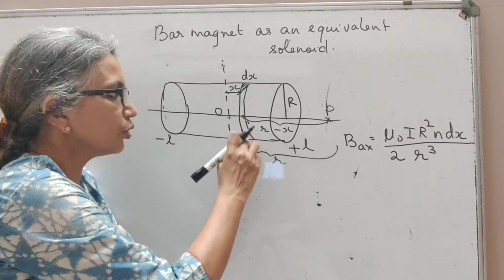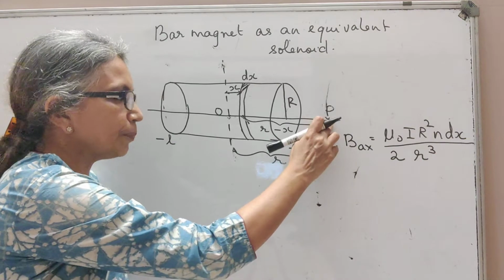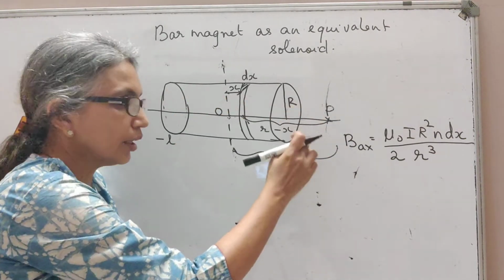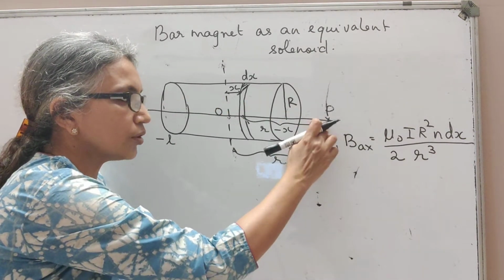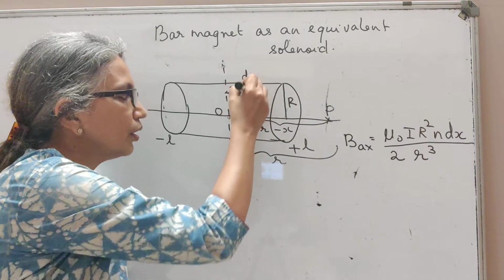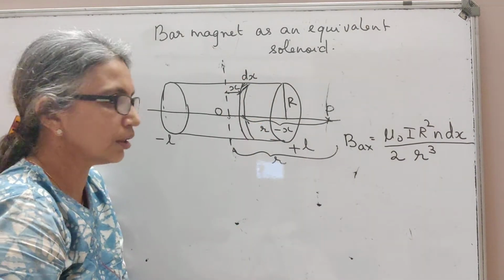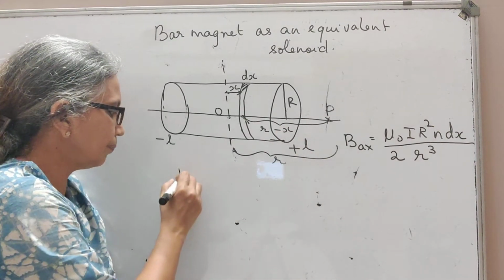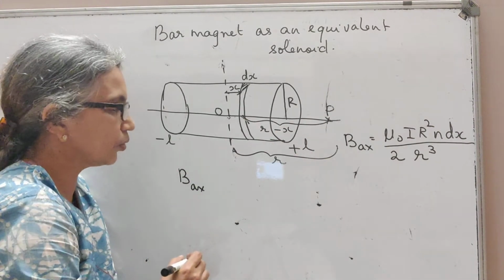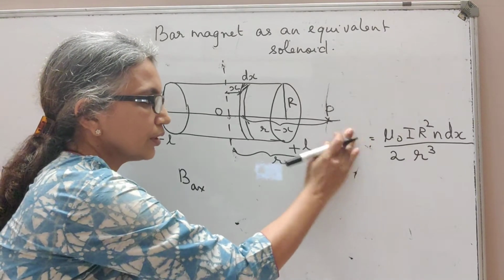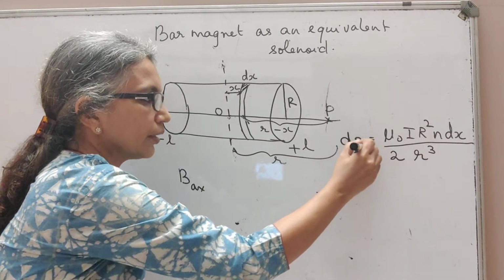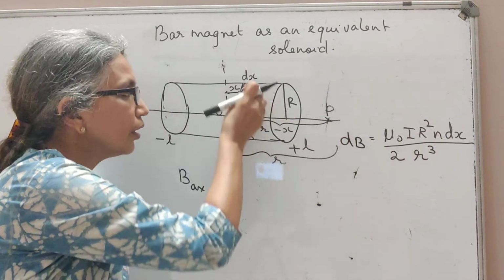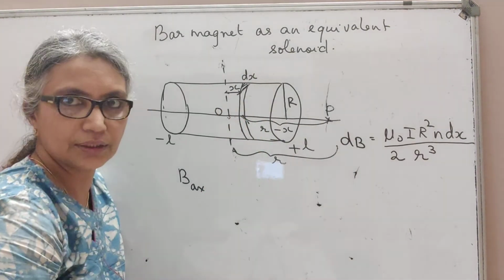Before that, to find the total magnetic field at P because of the whole solenoid, this what we've got here is only because of this small element dx. Okay. So in order to find the whole magnetic field, the total magnetic field, we could call this dB, the small magnetic field that is produced at P because of this small element dx.